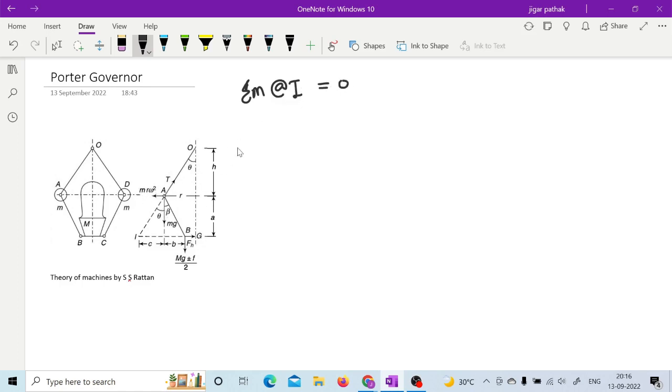If you consider this, then mr omega square into this distance a is anti-clockwise, and the moment due to the other two forces, mg and mg plus or minus f by 2, is in the clockwise direction. So you can equate this: anti-clockwise will be equal to clockwise, so it is nothing but sigma of moment about I is equal to 0.